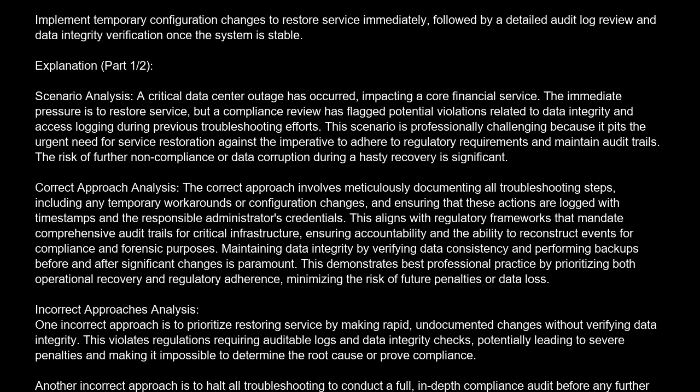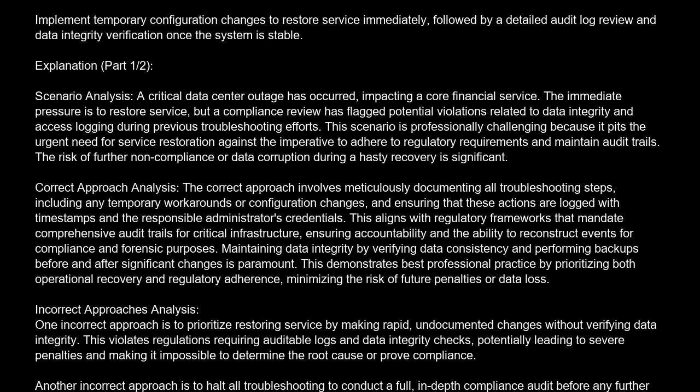Maintaining data integrity by verifying data consistency and performing backups before and after significant changes is paramount. This demonstrates best professional practice by prioritizing both operational recovery and regulatory adherence, minimizing the risk of future penalties or data loss.